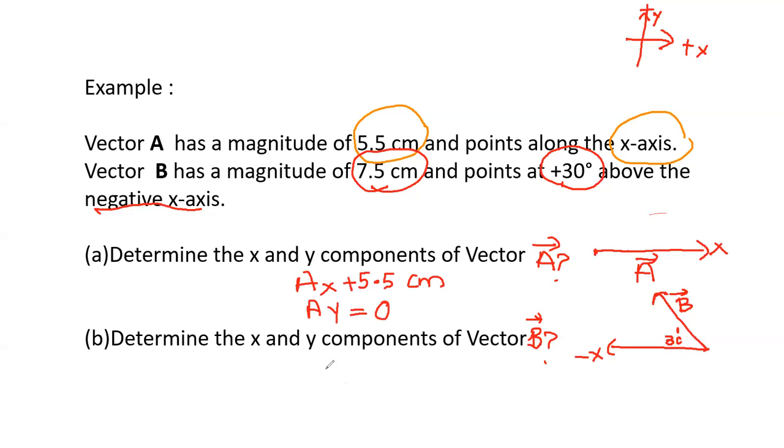How about vector B? Determine the x and y components of vector B. Vector B is here, and we have done this multiple times. Bx should be negative, By should be positive because it's going up. And you can figure out the numbers.